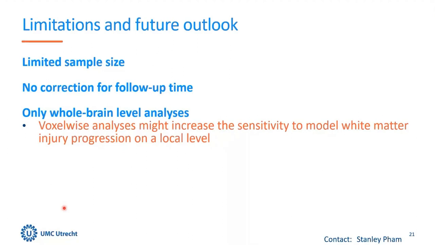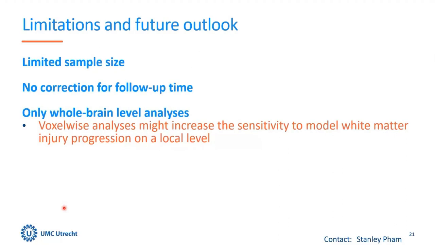And I think here is where the opportunities arise, where we can maybe look into new methods and new approaches to model white matter damage progression in these people, because we can also look into voxel-wise analyses that might give us more sensitivity to model local changes to white matter.